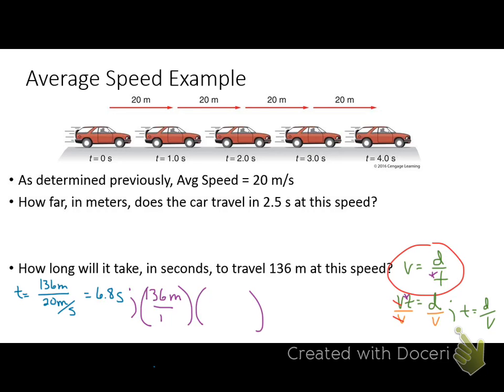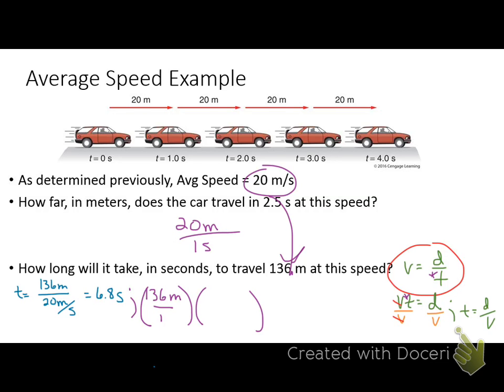Okay, and then when I did that, I would use the 20, unpack the 20 meters per second like I did before, 20 meters per 1 second. That's how fast you're going. And I would recognize that this speed, if I want meters to cancel with meters, I'm going to have to flip this.